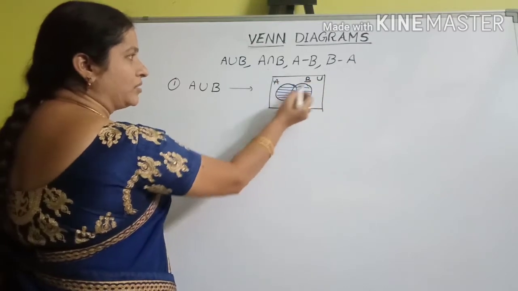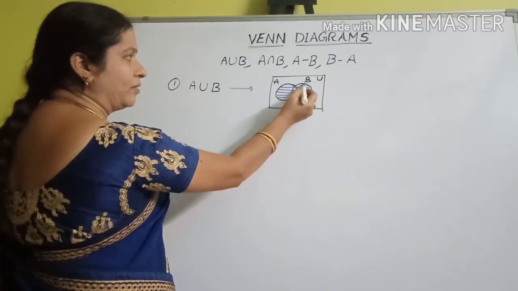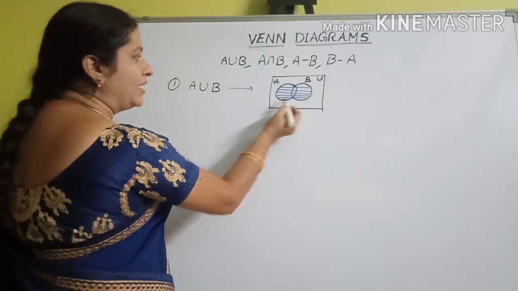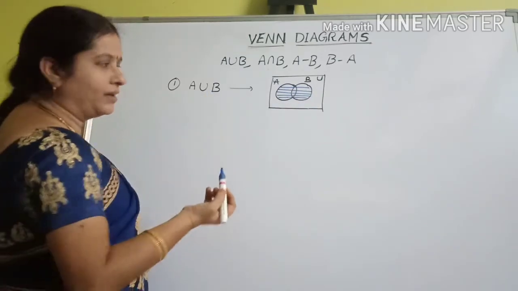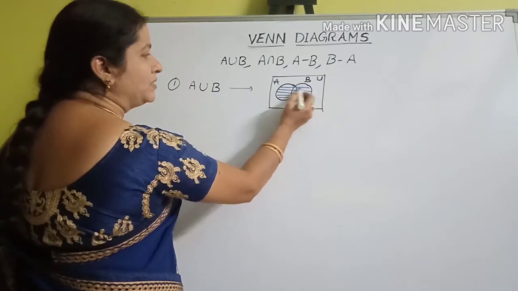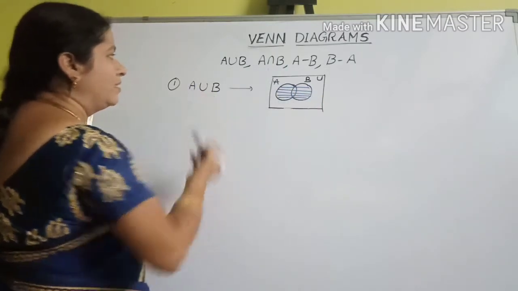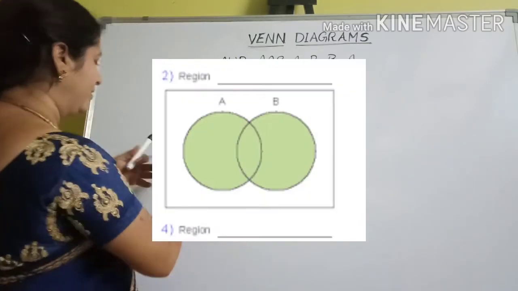A rectangular box, the universal set. In the rectangular box you have to take two sets A comma B. So what is the shaded region that belongs to A union B? All the elements of A and B together.